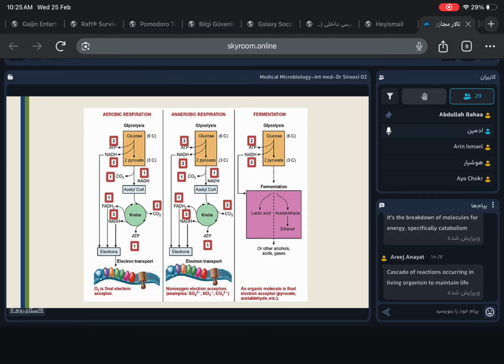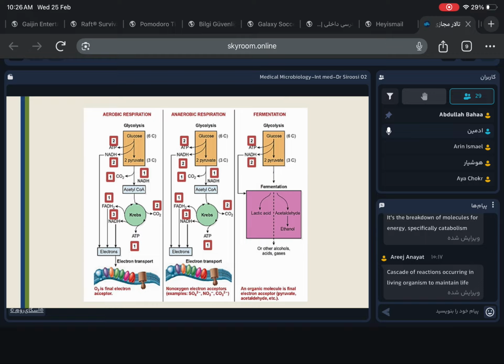The NADH and FADH2 molecules, which are released during these pathways and during the Krebs cycle, need to donate their electrons to the electron transport chain. In aerobic respiration, the final electron acceptor is molecular oxygen.